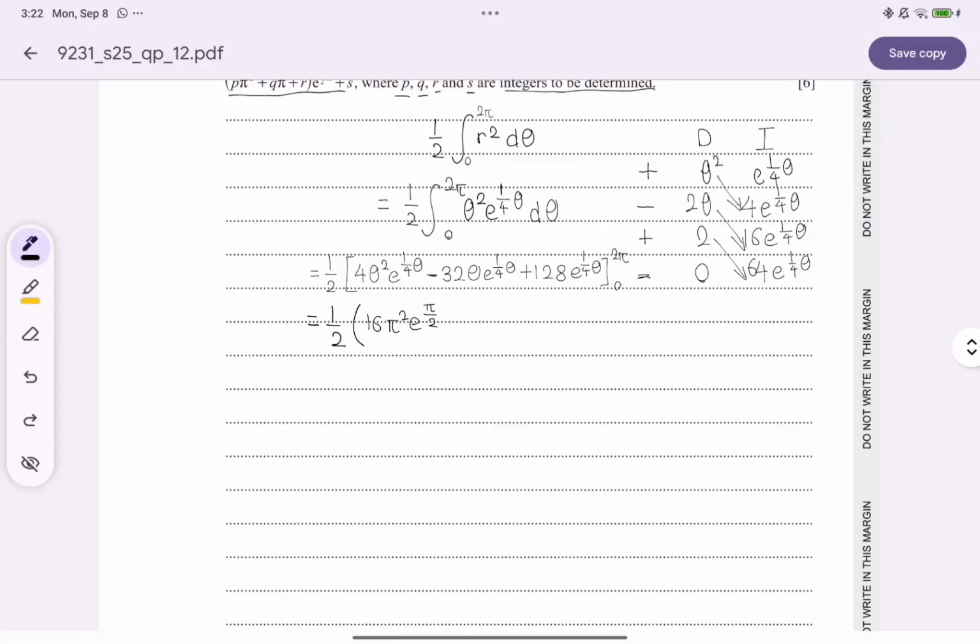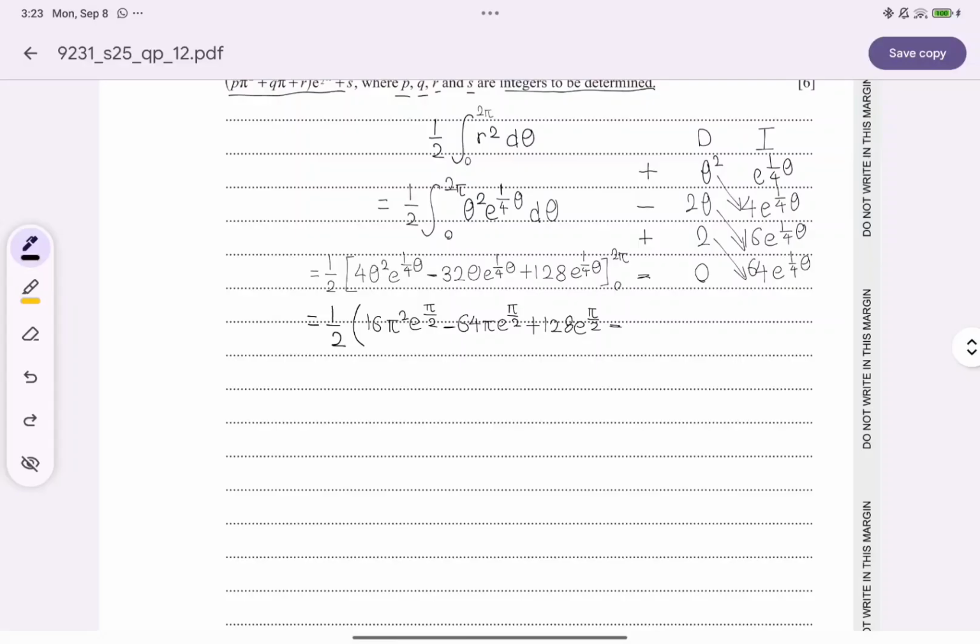And then minus 32 times 2 pi, that is minus 64 pi, times e to the power of 1 over 4 times 2 pi, that is again pi over 2, plus 128 times e to the power of pi over 2.